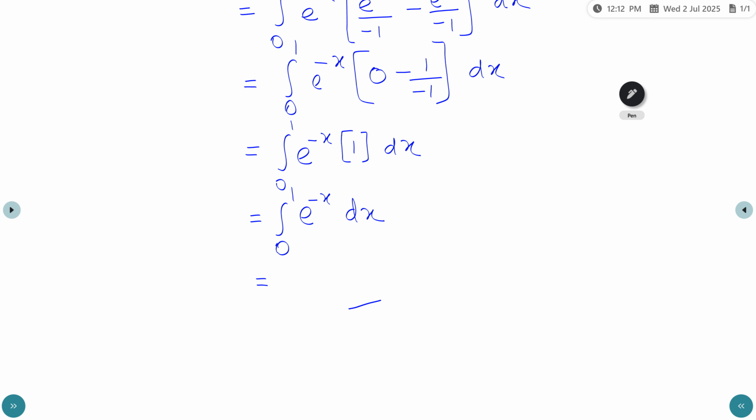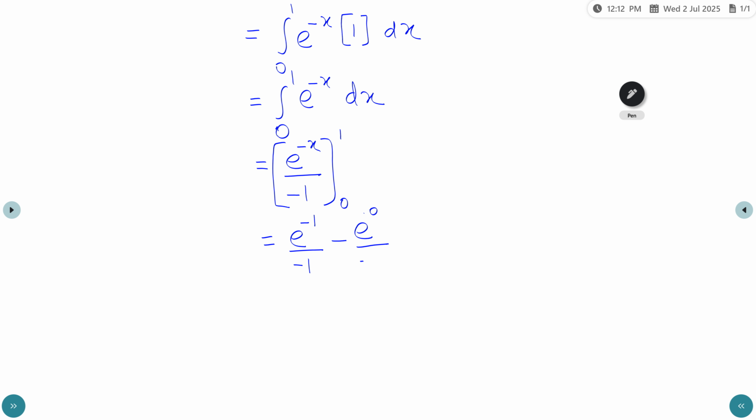So integration with respect to x, that is e power minus x by the coefficient of x, which is minus 1. The upper limit is 1, the lower limit is 0. So e power minus 1 by minus 1 minus e power 0 by minus 1.